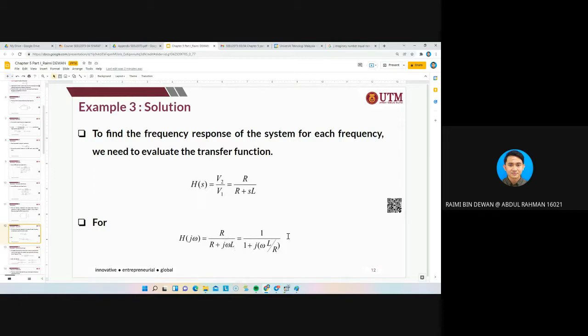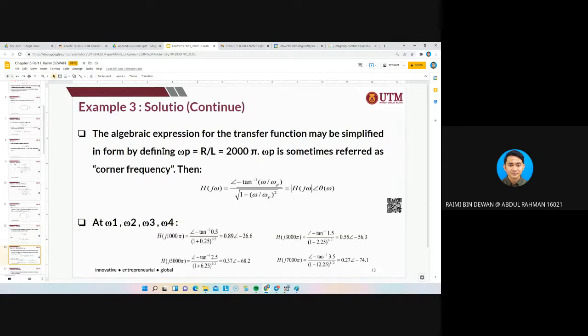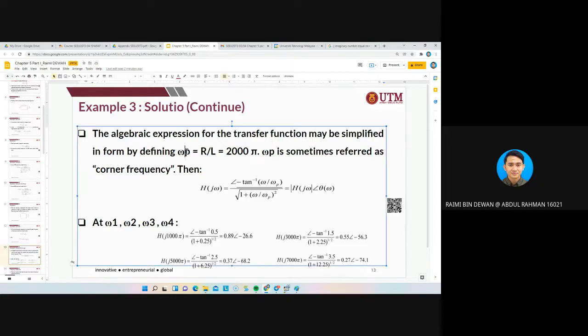Which is shown here. The algebraic expression for the transfer function may be simplified in form by defining omega p equals R over L, where R is the numerator and L the denominator, equals 1000 pi. Omega p is sometimes referred to as the corner frequency. We can also refer to it as a critical frequency.